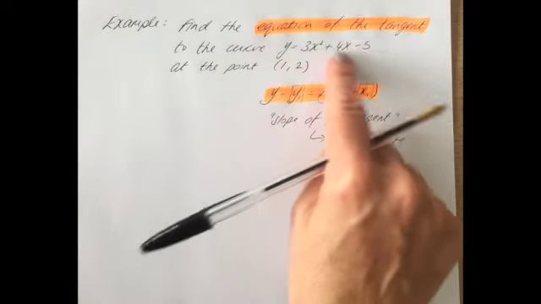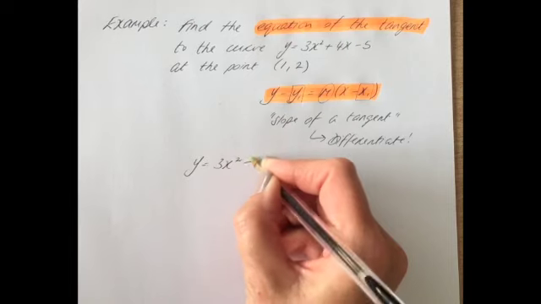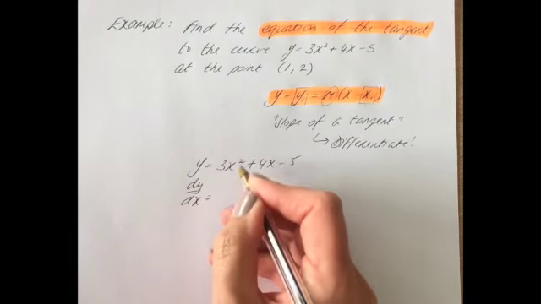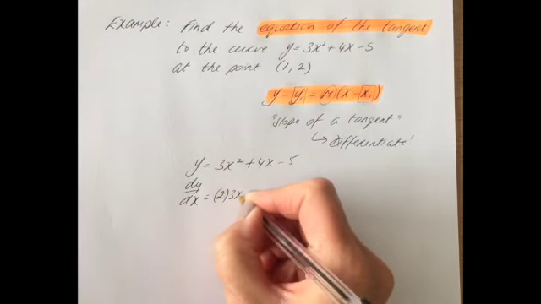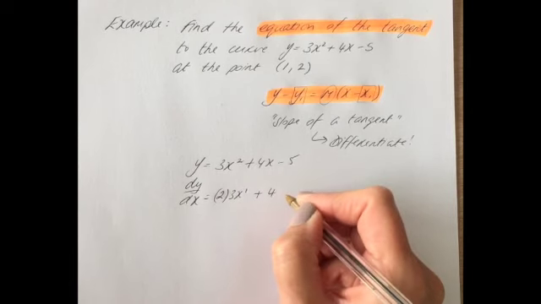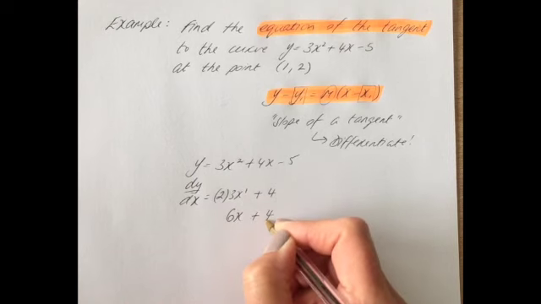So we're going to take our function and we'll differentiate it. So y = 3x squared + 4x - 5. Differentiating that, we bring down the power, of course. Take 1 away. And differentiating 4x, you get 4. Differentiating -5, you get 0. So tidying this up, we have 6x + 4.